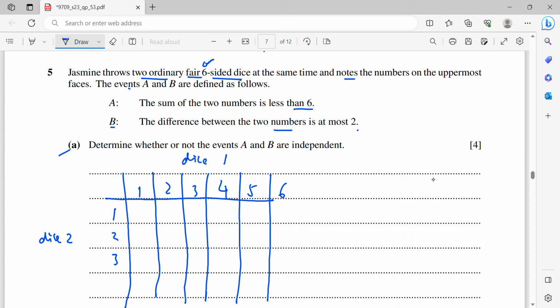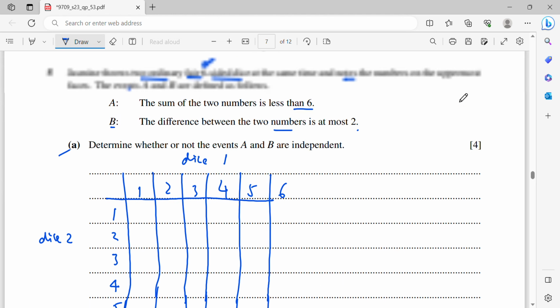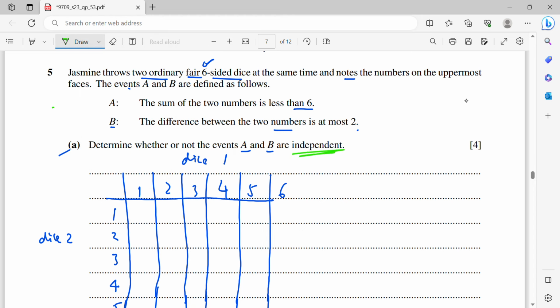Then here 1, 2, 3, 4, 5, 6. Alright, so now I will label directly because you need to decide whether A and B are independent or not. Just for information, if A and B are independent, it means that the probability of A intersect B equals P(A) times P(B). Okay, this is how we prove independent events.